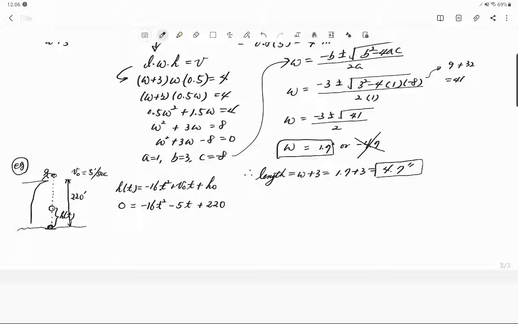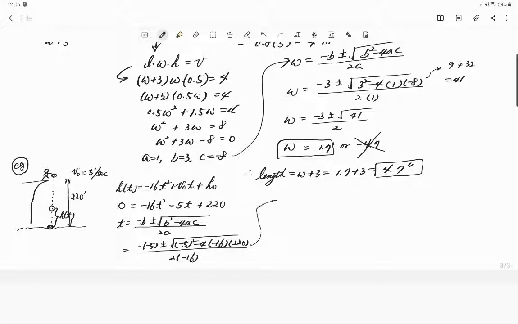All right, then how do we find this t? Well, use the quadratic formula. T equals negative b plus or minus square root of b squared minus 4ac over 2a. So negative times negative 5 plus or minus square root of b squared minus 4, a is negative 16, c equals 220, over 2 times negative 16.